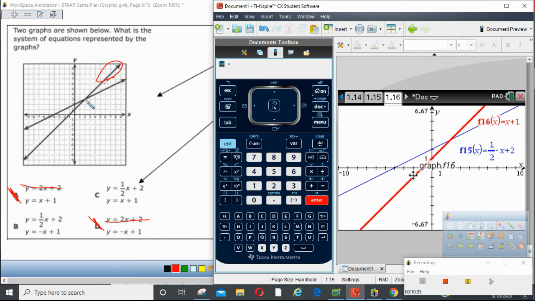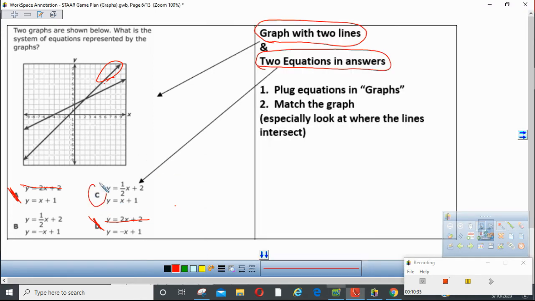It looks like it intersects at 2 up 3. And if I go over 2, up 1, 2, 3, so yeah, I would say that's my answer. And like I said, usually they don't make these so close that you're like, oh, I don't know, it's just barely off. If it's pretty close, that's probably your answer. Okay.